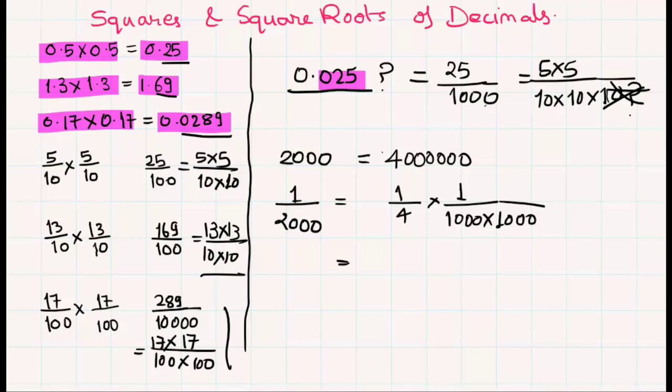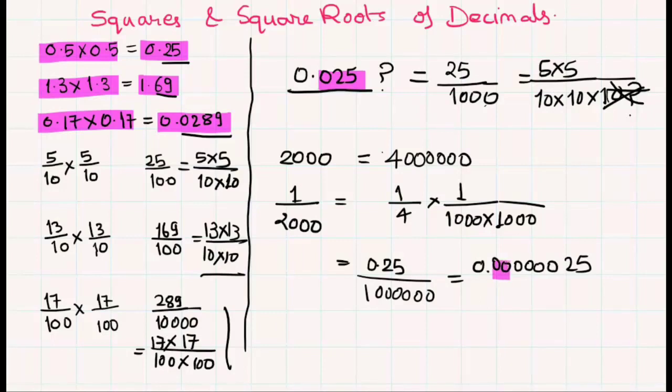Right? So this is 0.25. And this is 1, 2, 3, 1, 2, 3. So if I convert it into a decimal number, it will be 1, 2, 3, 1, 2, 3 and 2, 5. Now count the number of digits here.